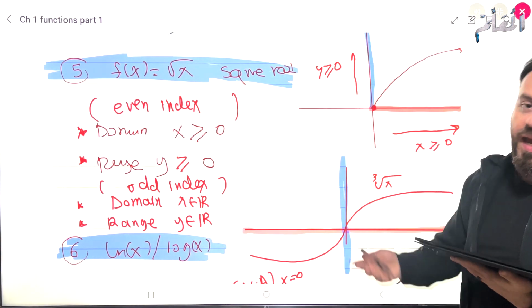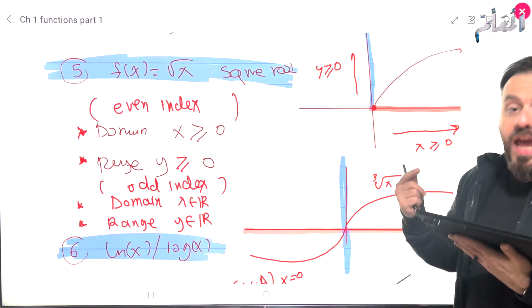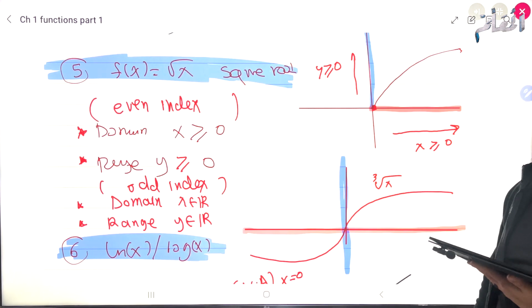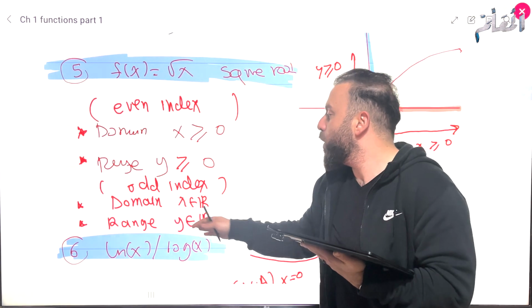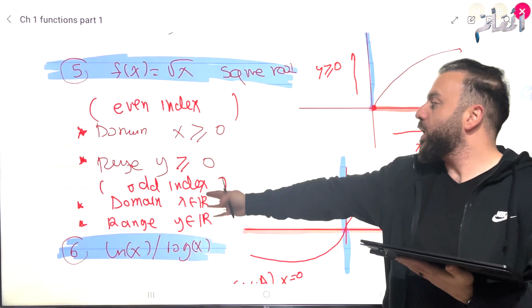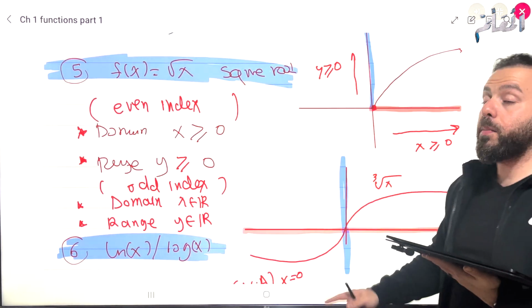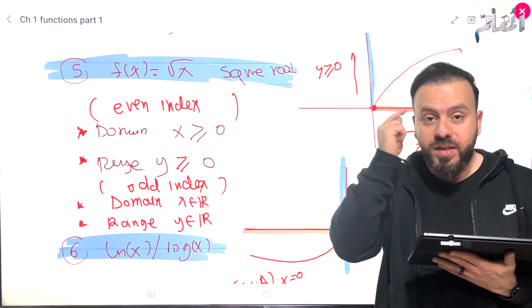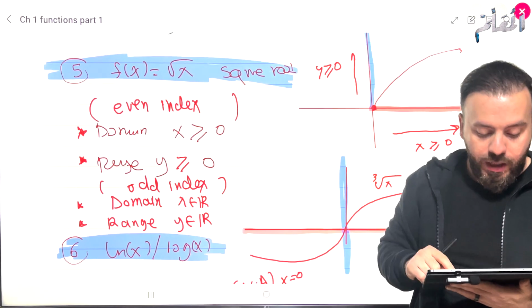And on the opposite side, the image of this domain is all real numbers. So that's my range: y belongs to all real numbers. So this is the square root with its graph, and the cube root with its graph. Always remember the graphs. It's important in M2 to remember the graphs. Understand the graph in your head, please.